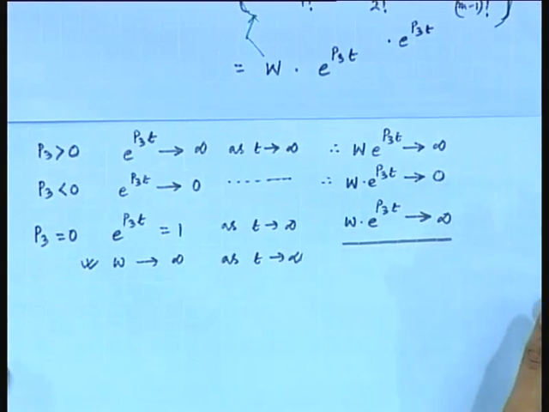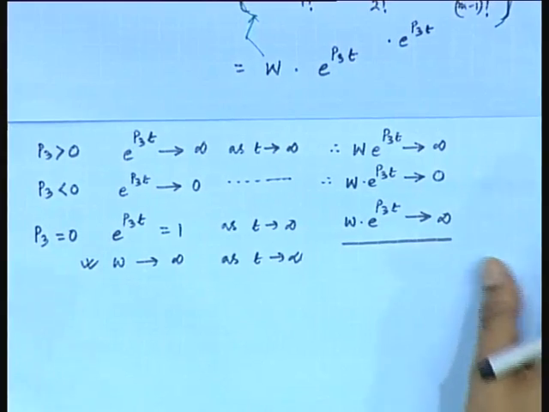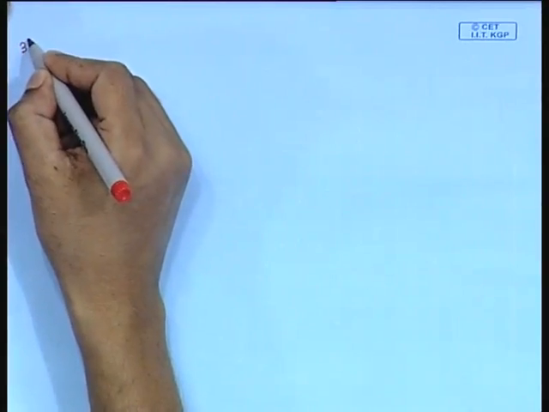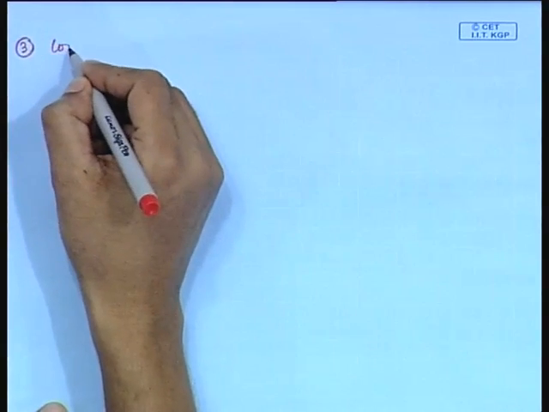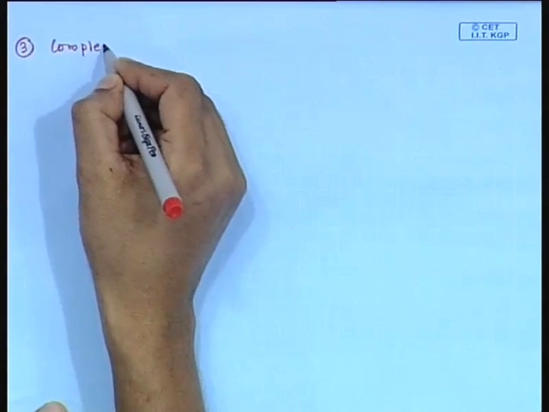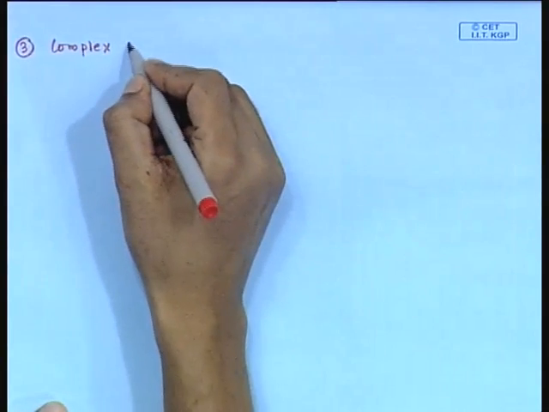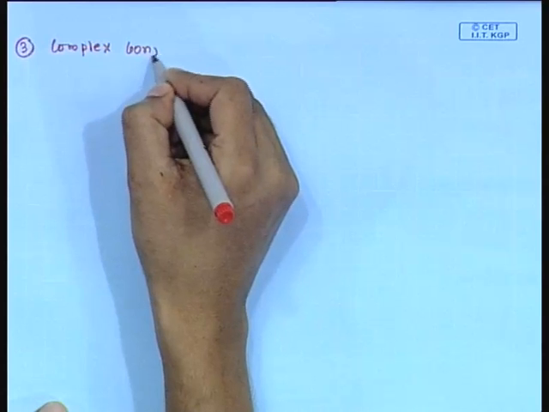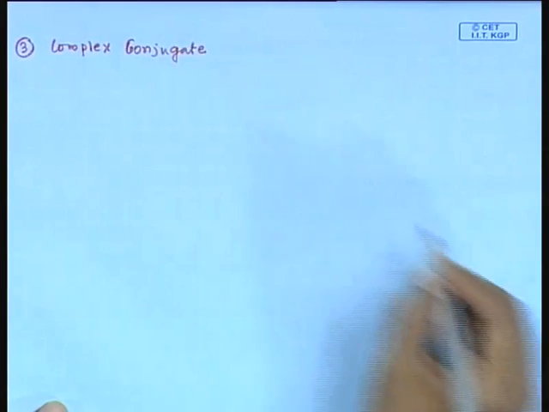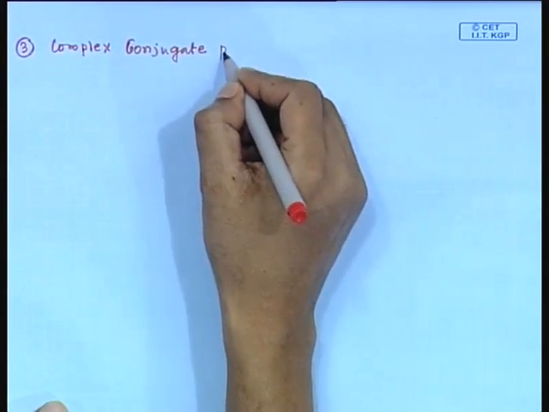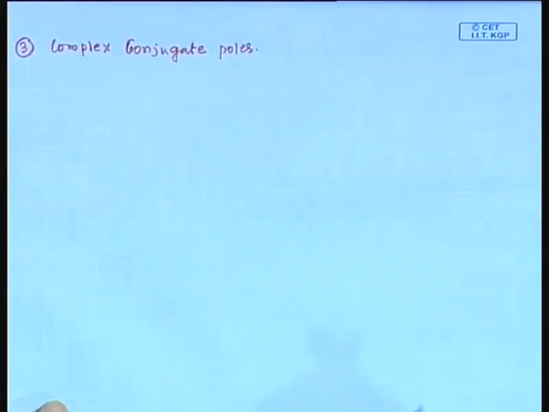Now, in the next case we will consider the complex conjugate poles, that is the third case. In the third case we will consider complex conjugate poles.